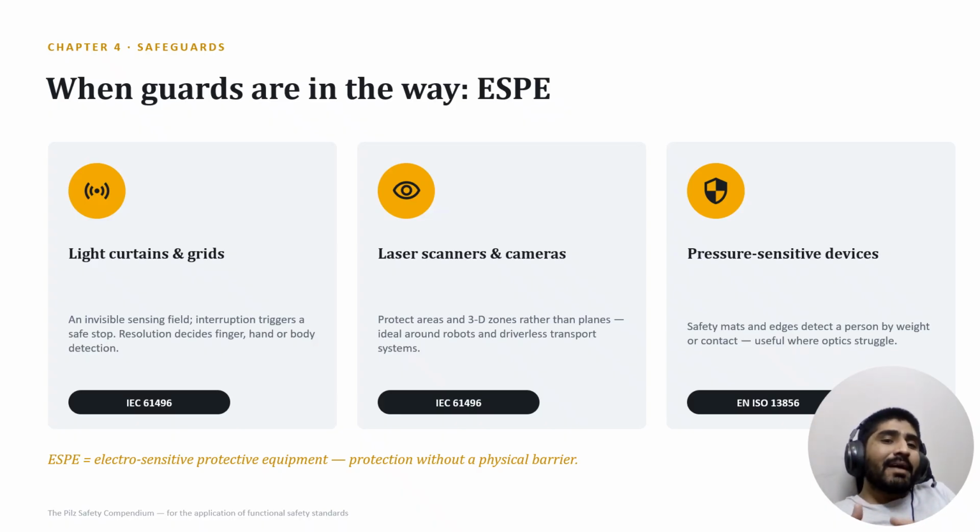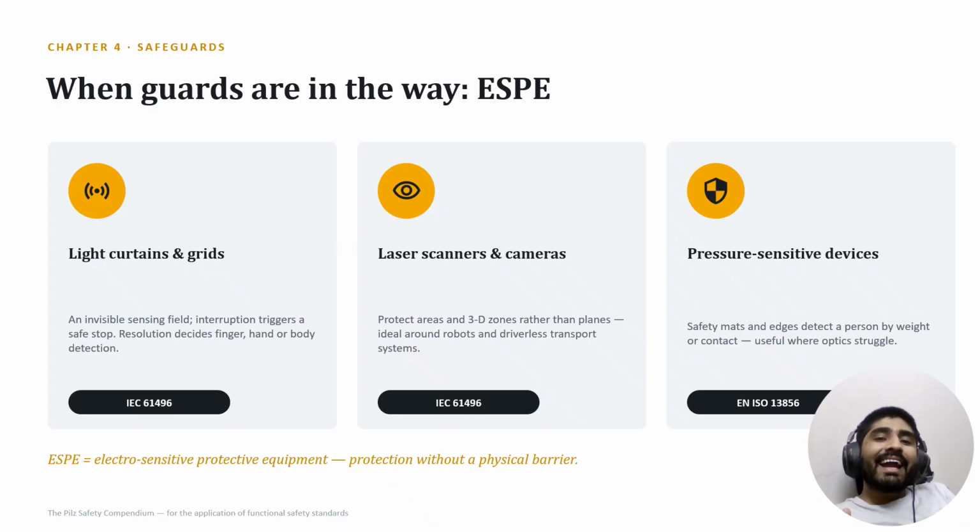Pressure-sensitive mats and edges, covered by EN ISO 13856, detect a person by weight or by contact. The right choice depends on the application.